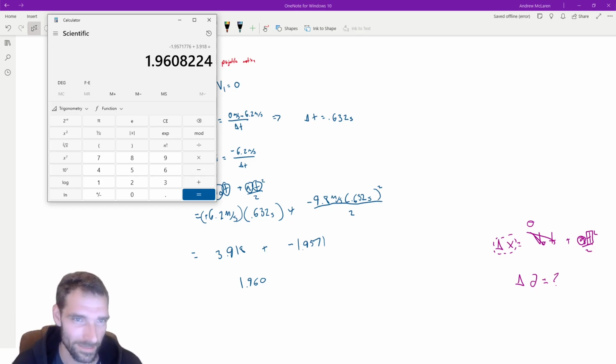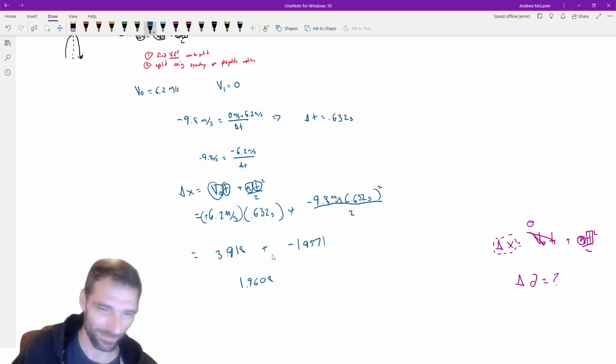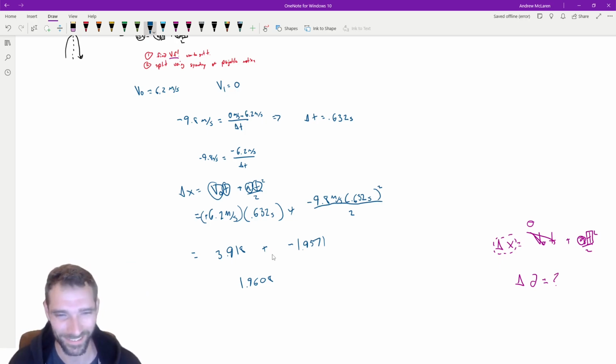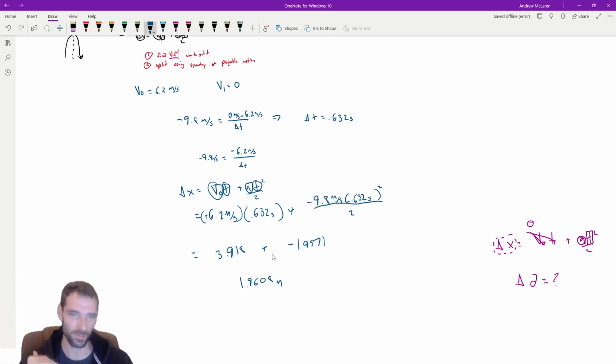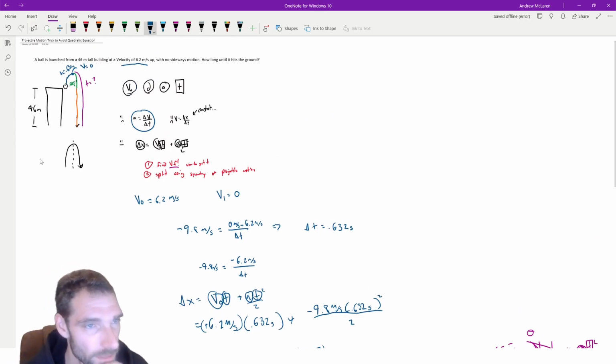These 1.9s just happen to be with this problem pretty close. If we'd given it a different velocity, it might not have split so evenly. So we've got that number for the distance that it goes to get up to that maximum point. We got 1.9608 meters up, meaning that when we're falling, we've got that in addition to these 46 meters.